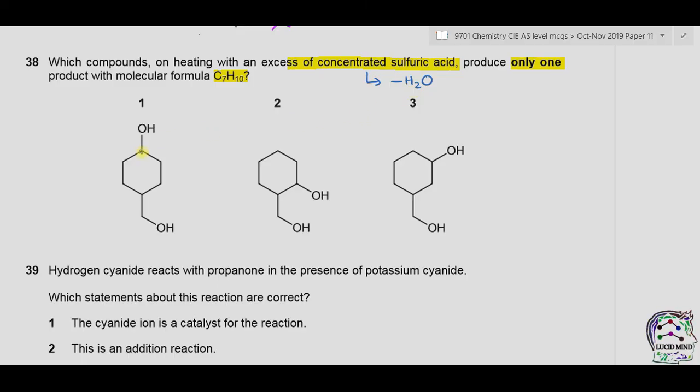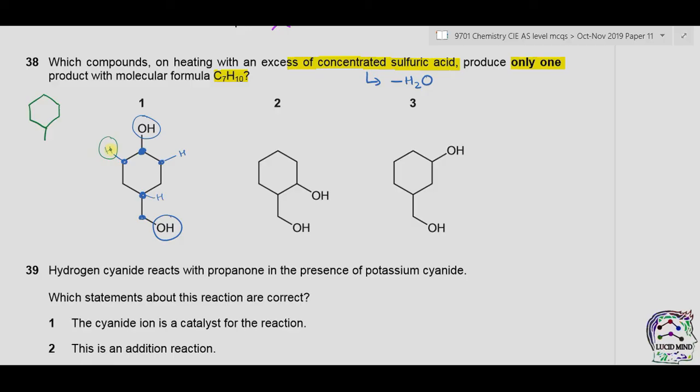Now water is removed in such a way that OH present on one carbon atom is removed and hydrogen from the adjacent carbon atom is also removed. Similarly, OH from this carbon atom will be removed while hydrogen from this adjacent carbon atom is removed. The products formed will be like this.